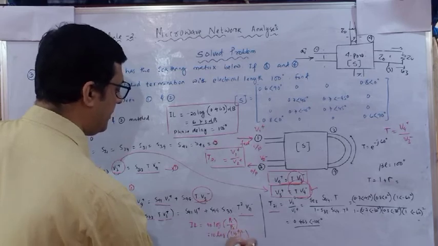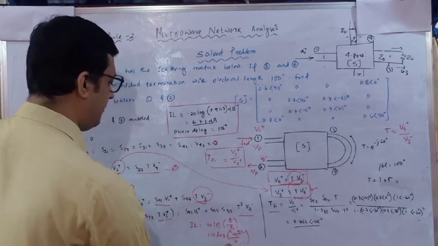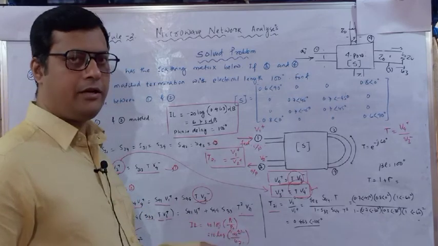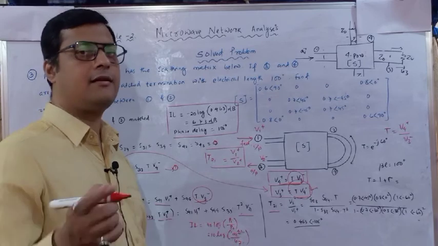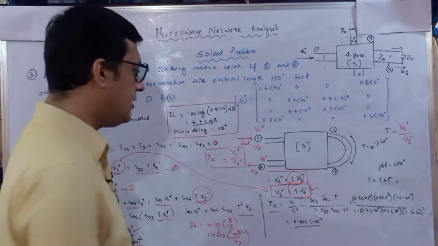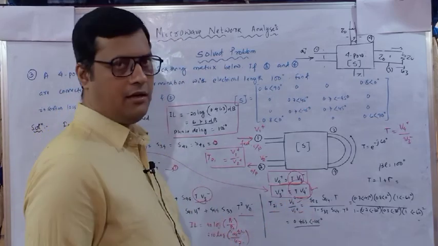Like this I can write, or here I will write A1 square divided by B2 square, the reflected one. So when this A1 comes down, B2 by A1 will come, and that is called the transmission coefficient. So this transmission coefficient is V2 minus divided by V1 plus.